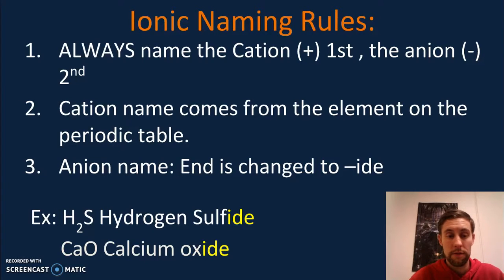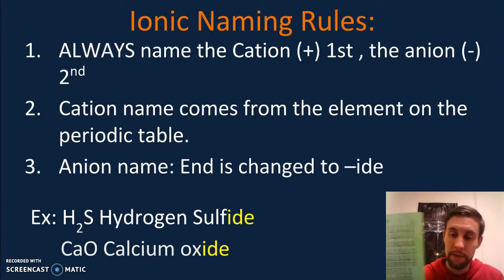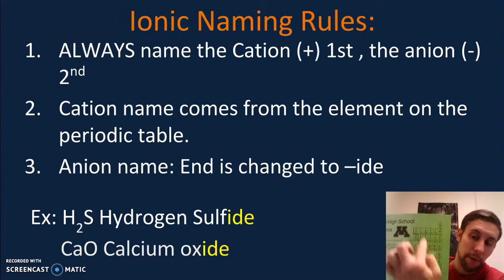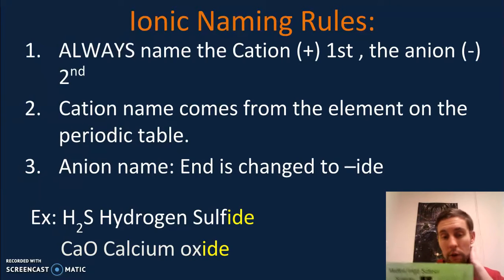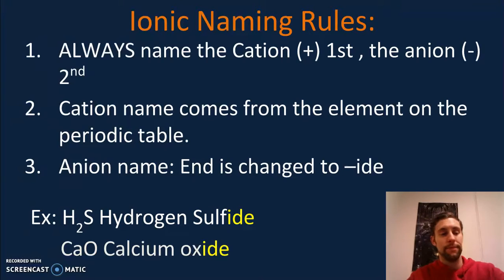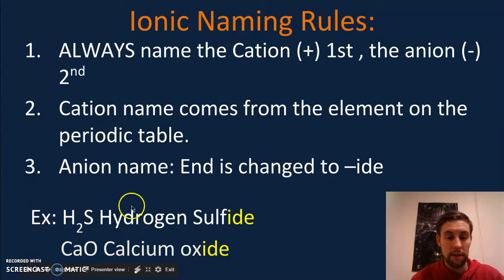No change to it. The anions, which are up here in the top right of your periodic table, your negatively charged elements, are going to change their ending to "ide." So if you think of this like a man and woman getting married, if we make the metals be our men and the women be non-metals, usually when a man and woman get married, often the woman changes the end of her name.